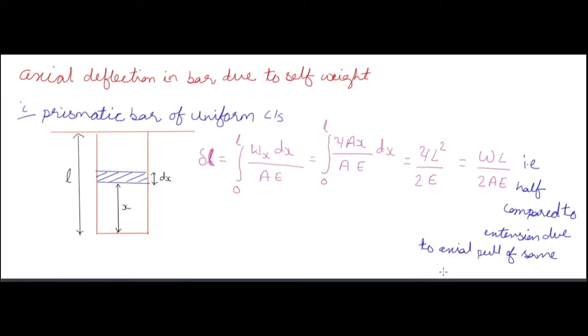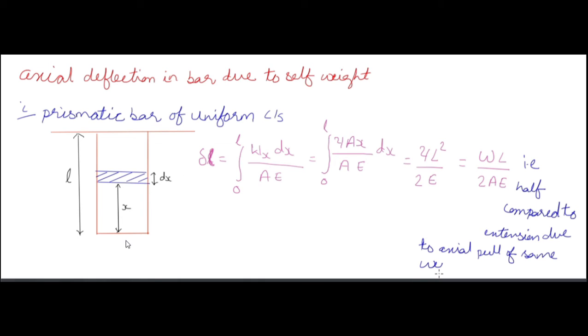So integrate, you will have gamma L square by 2E or WL by 2AE, meaning the axial deflection in a bar due to self weight is equal to half of the deflection that would have happened if the load W had been applied at the end.